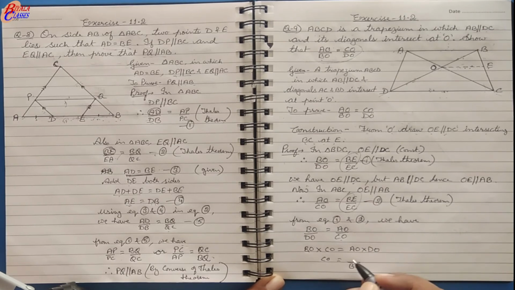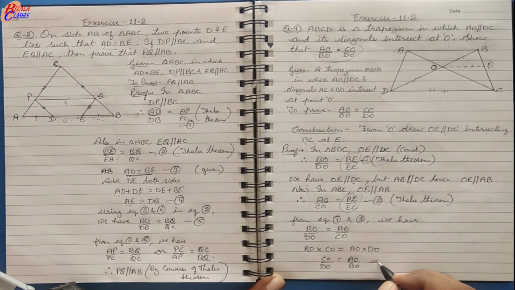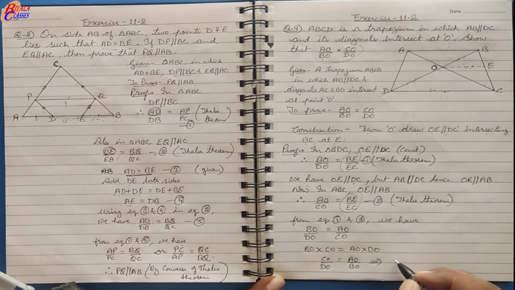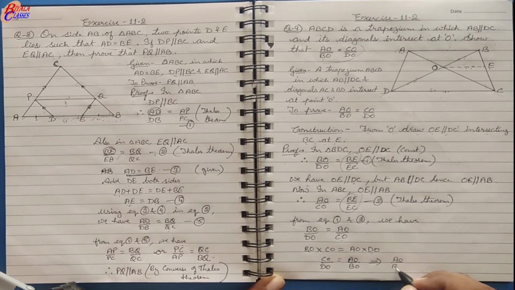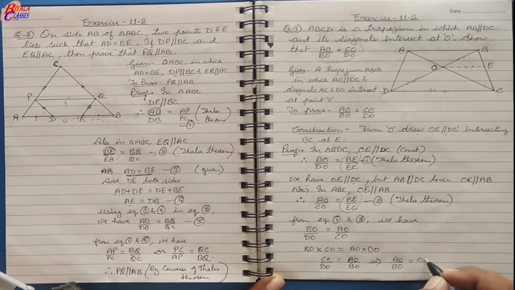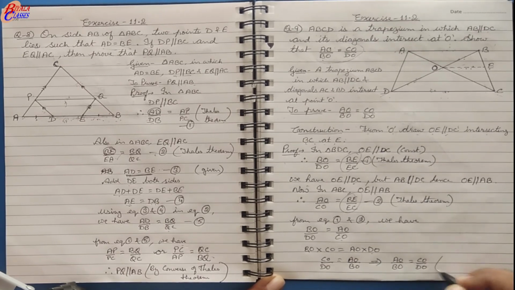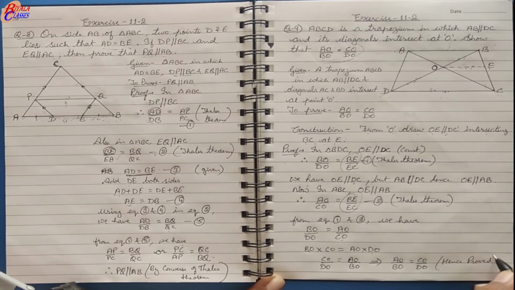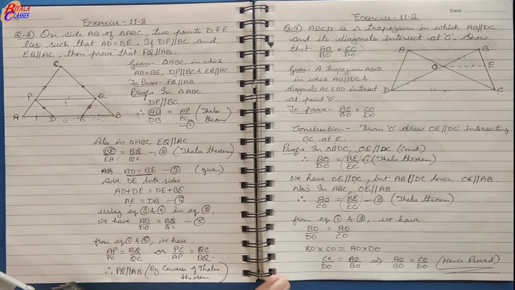On the right hand side, keep AO as it is, and this DO, transpose it to the left side, so it will be divided, so you get CO upon DO. Or this can be written as AO upon BO is equal to CO upon DO. Hence, it is proved. So these are the two questions of exercise 11.2.